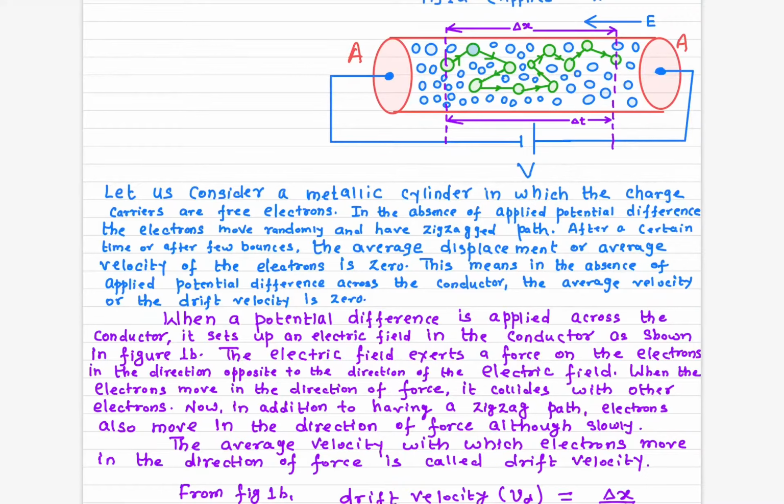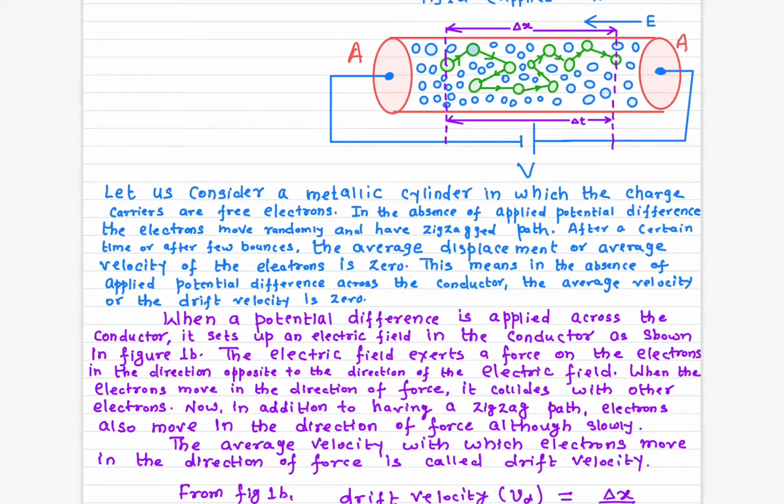And these electrons will move in this direction, because this is the positive terminal, so the electrons will move in this direction. So what the electric field is doing, or what a battery is doing, it is setting up a potential difference, or we can say that it is giving the electrons a more preferred path.